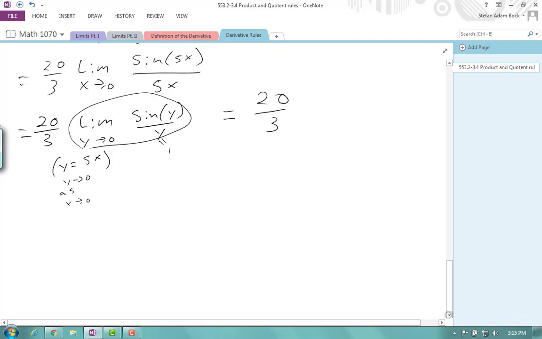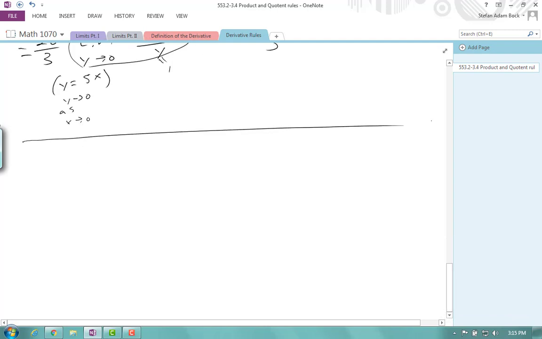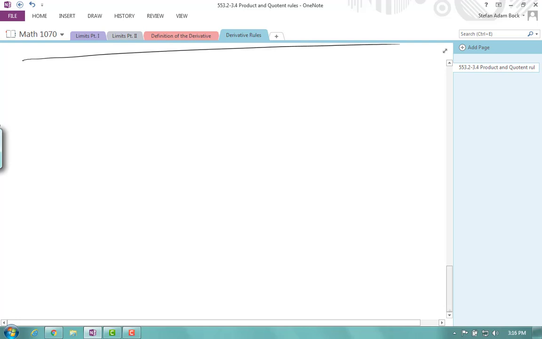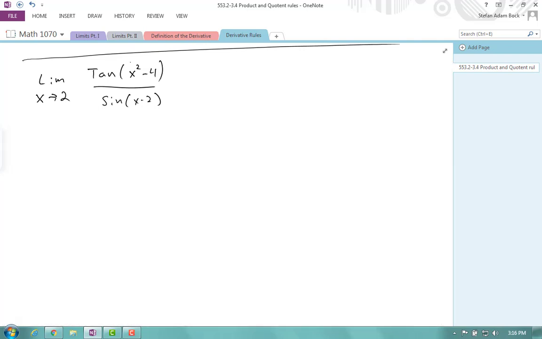For a significantly more interesting example, I've come up with a lovely problem. Let's suppose that I have the limit as x goes to 2 of tangent of x squared minus 4 divided by the sine of x minus 2. Now at first glance, this doesn't seem like it's going to be a relevant problem because my x values are not going to 0, they're going to 2. And I have a tangent up here, I have a sine, but there's nothing to match up with the sine.